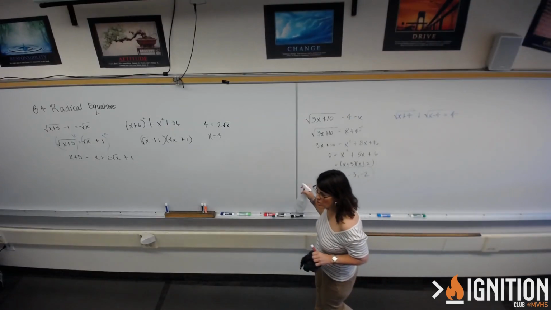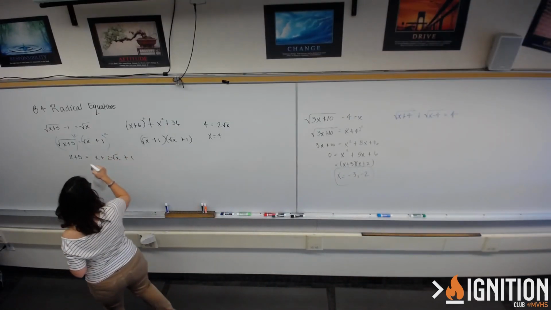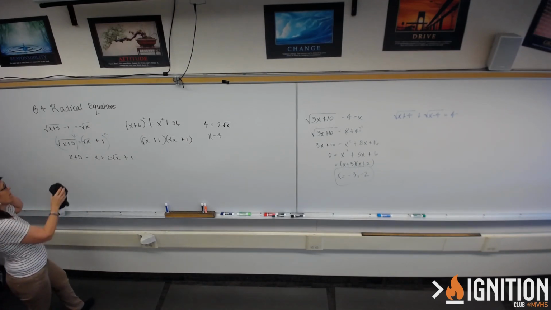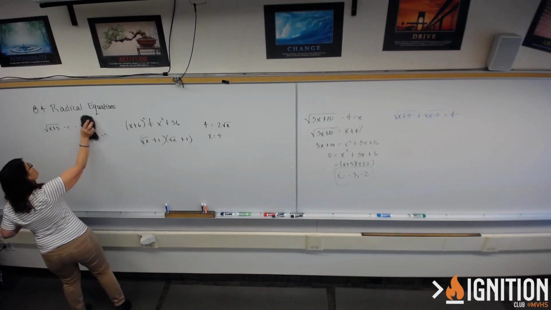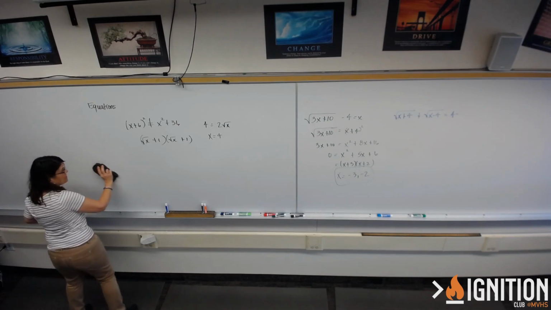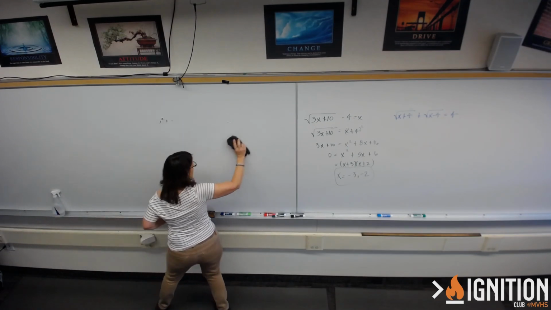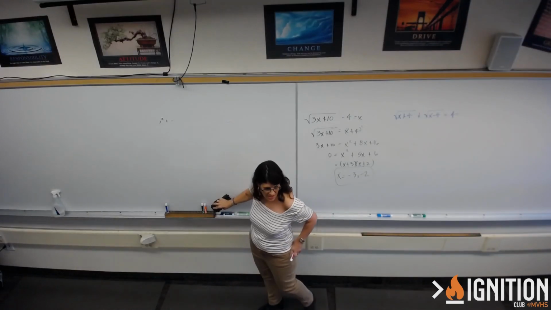Two binomial radicals. What am I going to do? Subtract one from the other side. What's that, Nate? Subtract one from the other side. What do you guys think? Should I subtract one of the radicals from the other side?